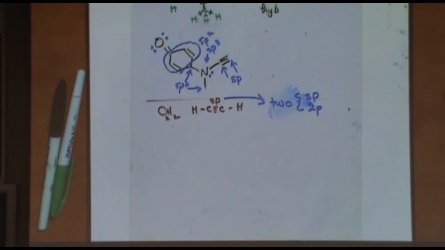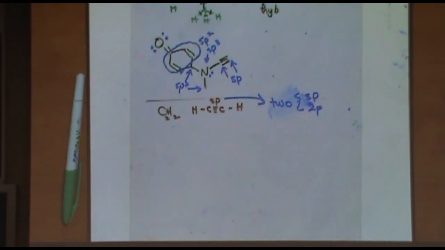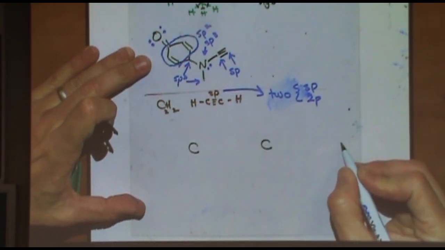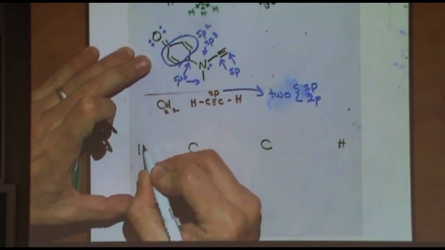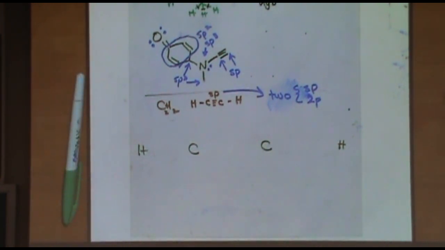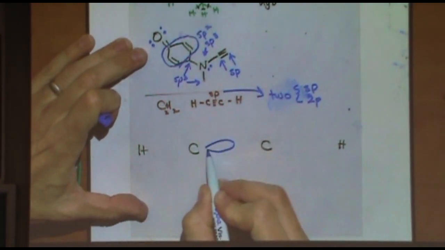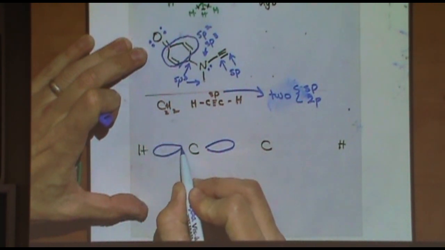Each carbon will have that according to the hybridization scheme. So if you're going to draw this out, here's carbon and there's carbon. There'll be a hydrogen over here and a hydrogen over there. I'm going to draw what kind of looks like the Lewis structure except with the hybrid orbitals. So each carbon has 2 sp hybridized orbitals, like this.